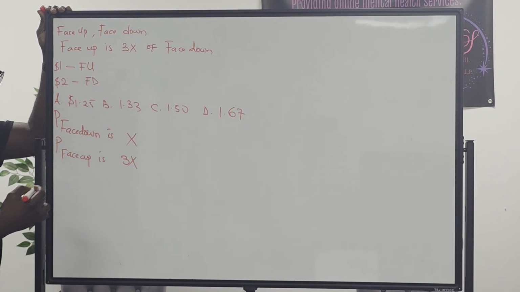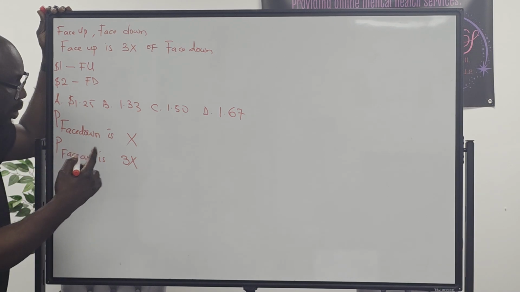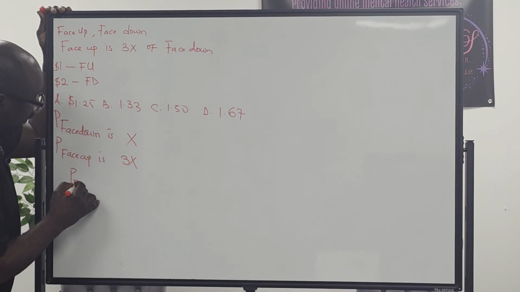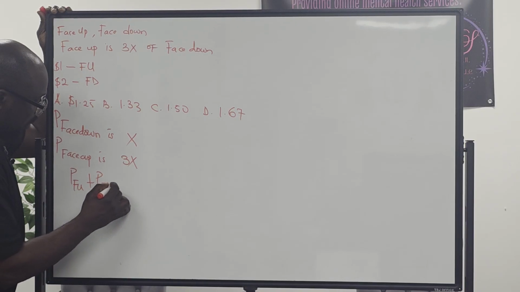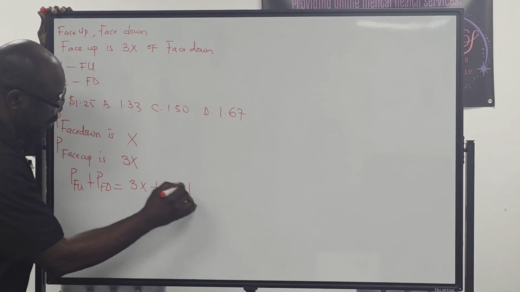We know that in probability, every probability must add up to 100%, or 1. So if we add everything together, probability of FU plus probability of FD is 3x plus x, which is equal to 1.